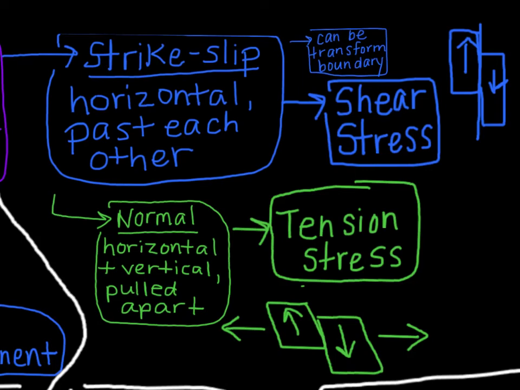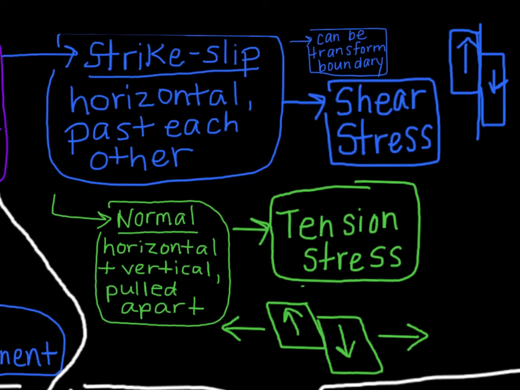Remember, a strike-slip fault does not have to be a transform boundary, but it can be. This kind of movement is caused by shear stress. Shear stress causes the rocks to move side by side in opposite directions. It's almost described as a twisting motion.